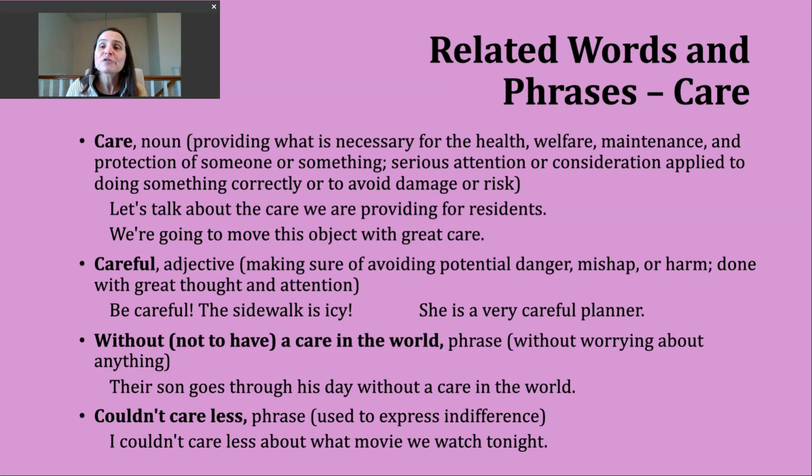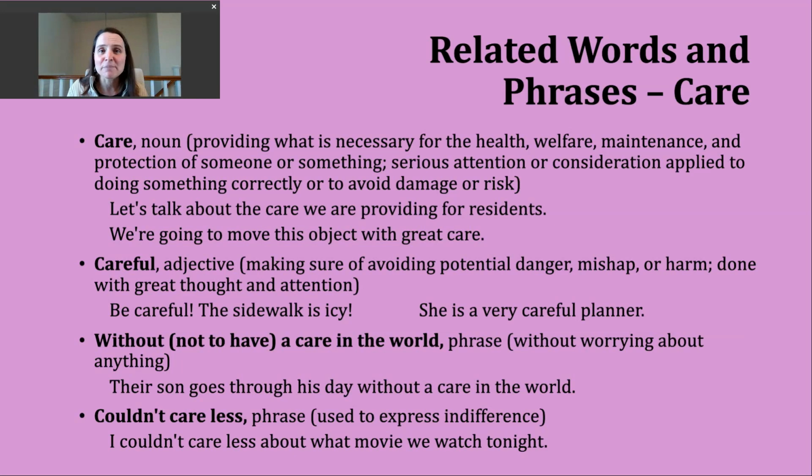We're going to look at two phrases that you may have heard people say that use this word care. One phrase has sort of two forms. You might hear someone say without a care in the world, or they might describe a person as not having a care in the world. Both of these mean essentially that someone is not worrying about anything.